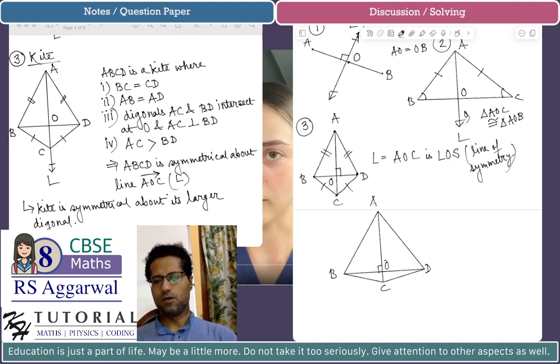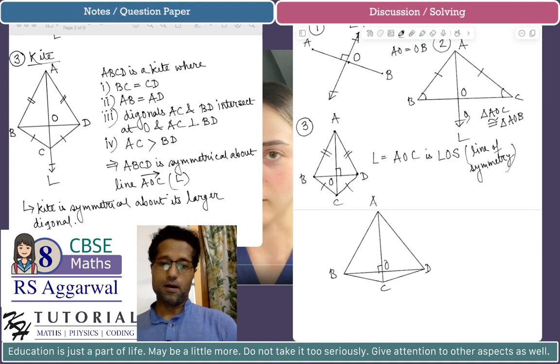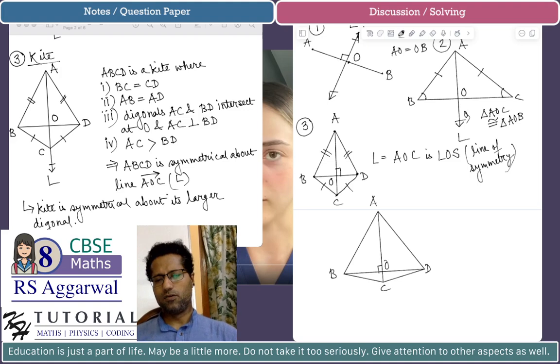Why is it so? Anyway, I'm sorry, I'm not able to give the proper reasoning why it is not symmetrical about the diagonal BD. As you can clearly see, it is symmetrical about the diagonal AC in both the kite figures.